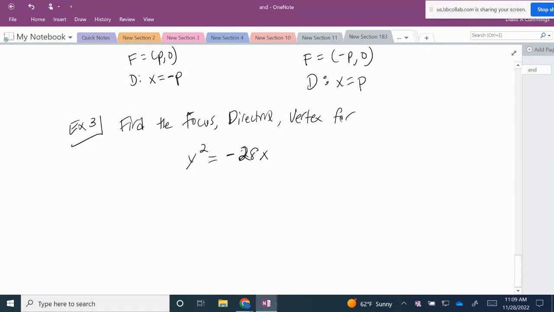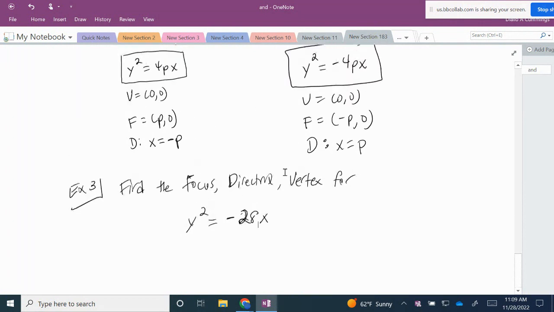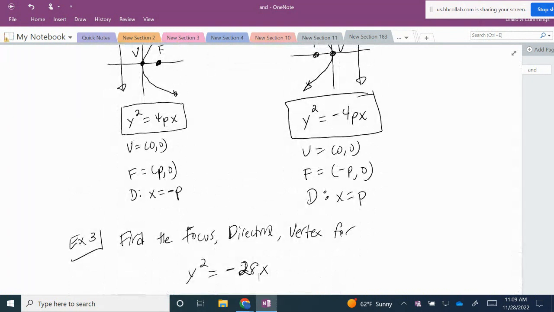So first we have to find a model form. So I see that my y variable is squared and the coefficient of my x variable is negative. So I'm going to use this model form.